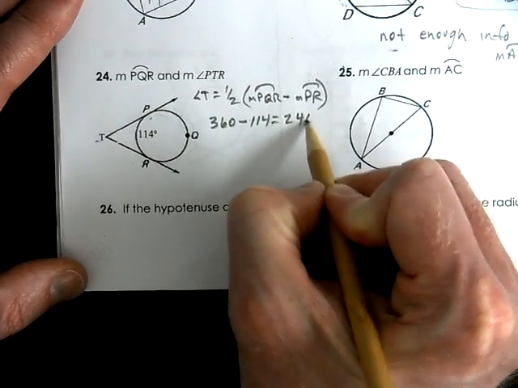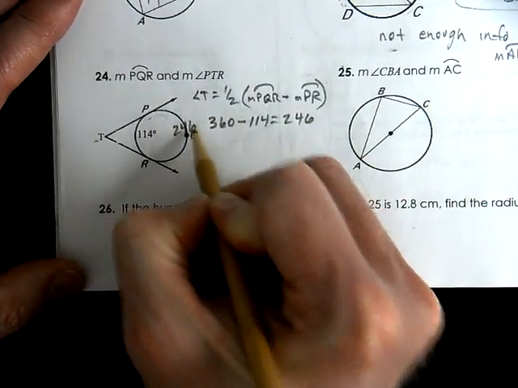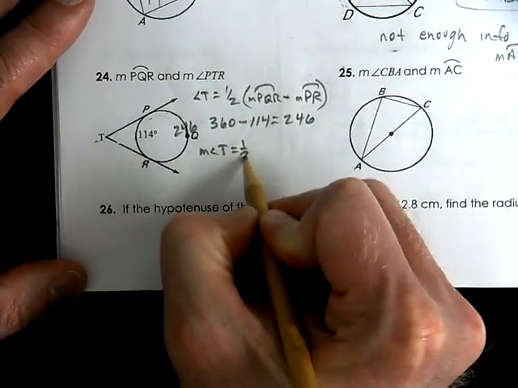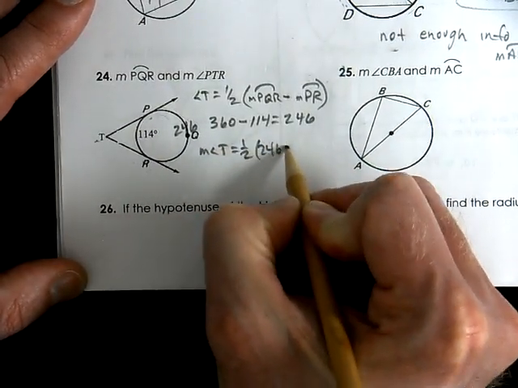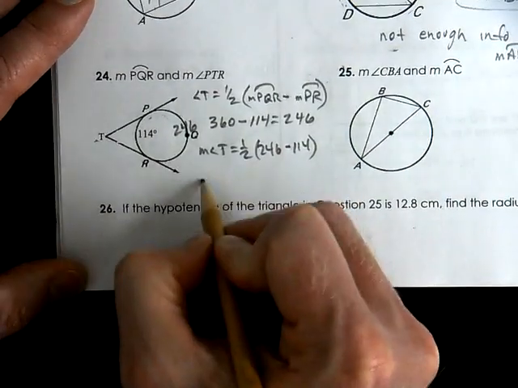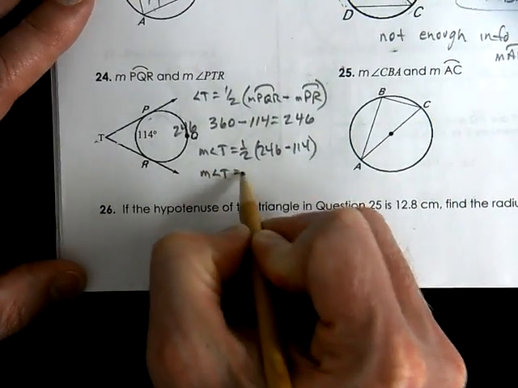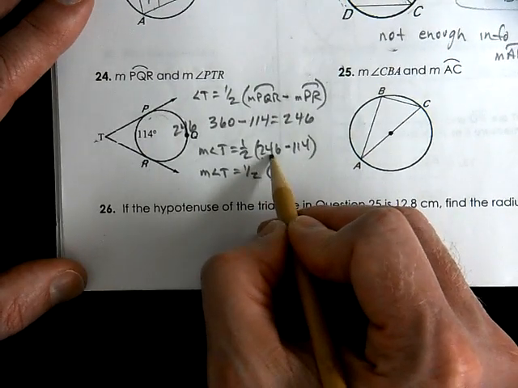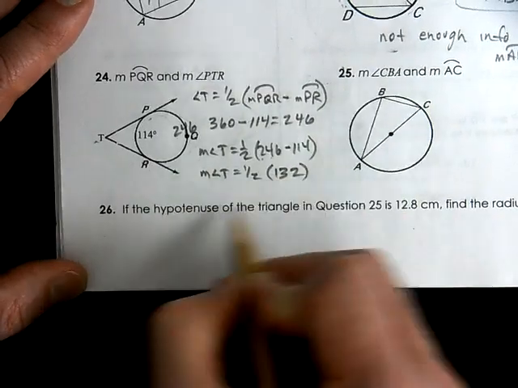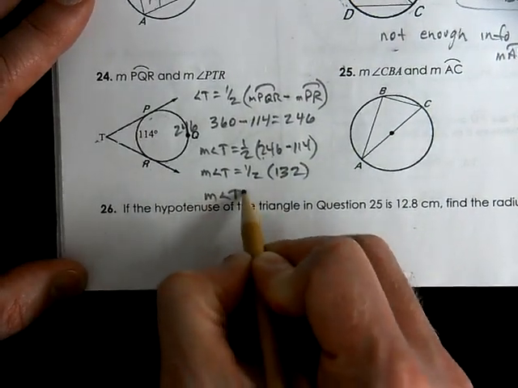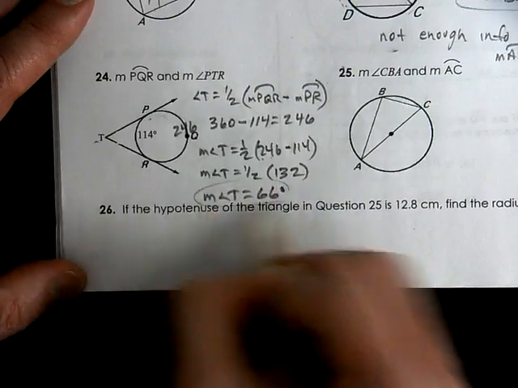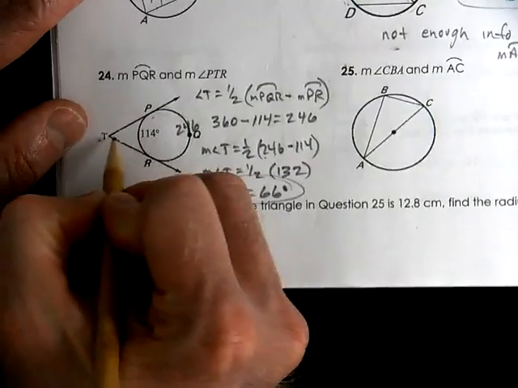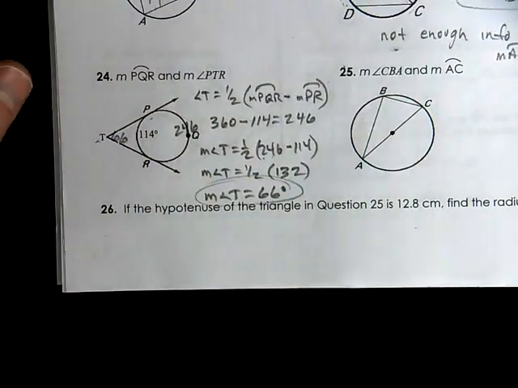That's 246. Now I can do the measure of angle T equals half of 246 minus 114. That's 132. And take half of that, and hey, this is our lucky number of the day, 66. So our angle out here would have to be 66.